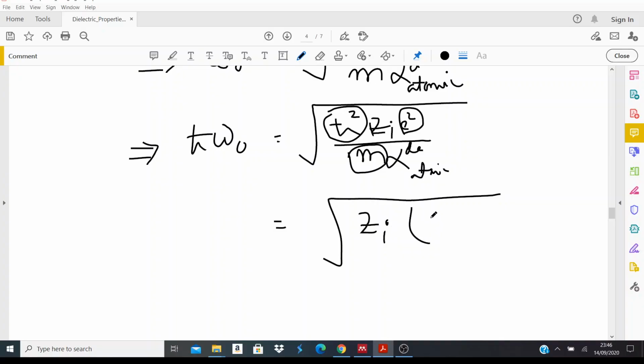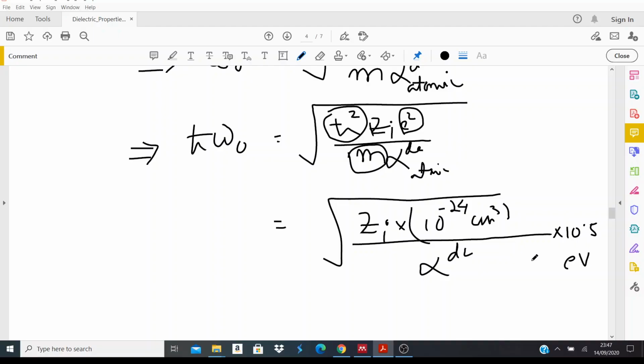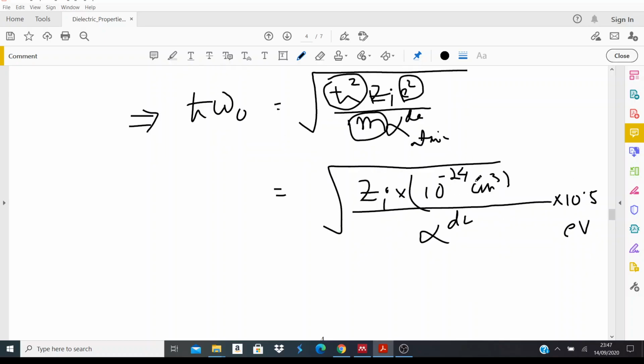This is nothing but Z times 10 to the power minus 24 centimeter cube divided by the α_dc, and this is times 10.5 electron volt. So the way we write down the equation, you put the values of these known quantities and then convert it to the electron volt scale, that will give you some numerical factor of 10 to the power minus 24 here.